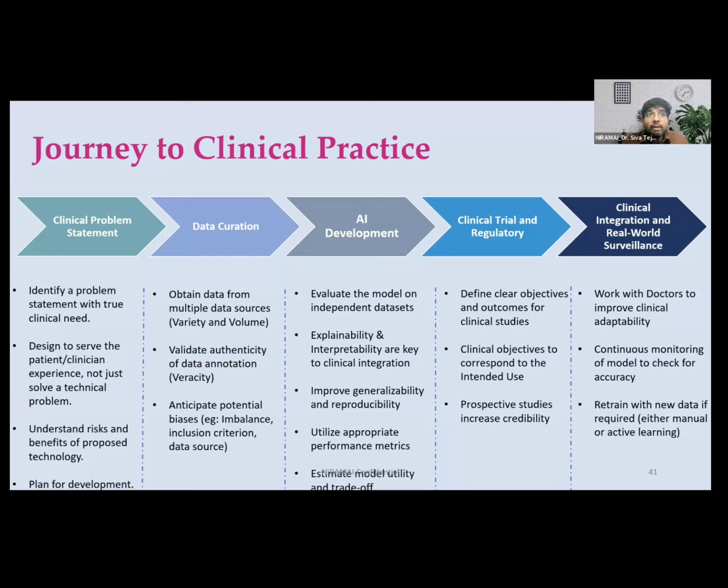And one of the main aspects we see when we download these kinds of data sets from outside is that many times we don't question the ground truth that these data sources provide. But that's very critical when we are developing the model, because we have seen many of the open source data sets where the labels are annotated by a single radiologist.